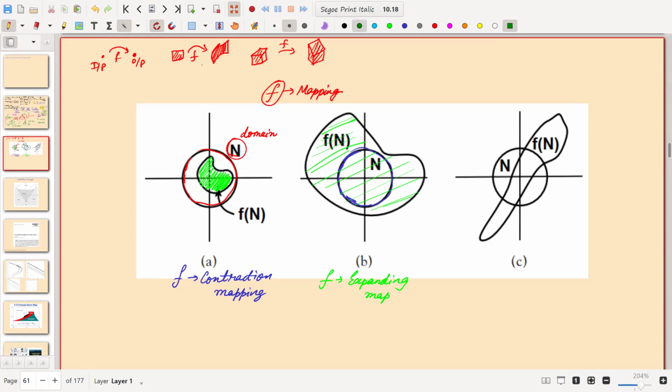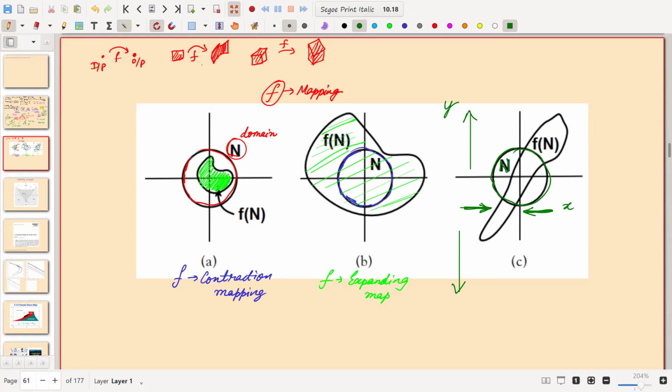Here, in this case, something interesting happened, right? If you have this area in green here and you apply the map f, what do you see? It has contracted in the x direction and has elongated in the y direction, isn't it?